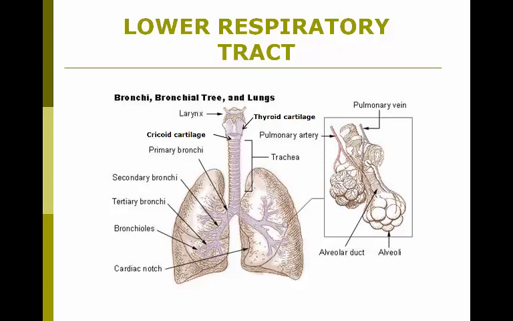The alveoli have an alveolar duct leading down to them that transports the air down to the alveoli. Notice that each alveolus is richly supplied with capillaries. The capillaries connect the branch of the pulmonary artery with the branch of the pulmonary vein. So it's across the walls of the alveoli and the capillaries that you're going to have oxygen and carbon dioxide being exchanged between the air in the lung and the capillaries.